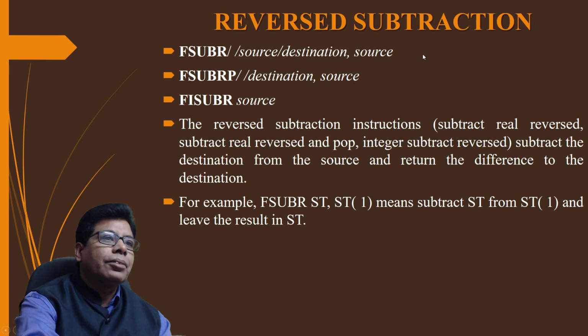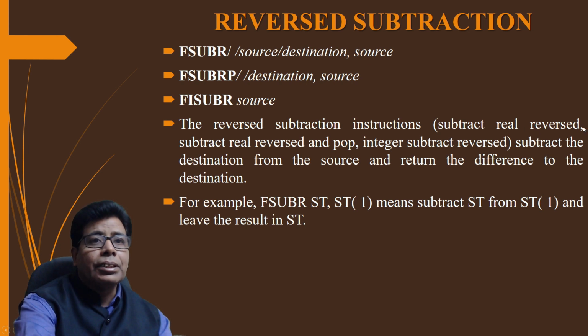Then reverse subtraction: here again we have three instructions, FSUBR, FSUBRP and FISUBR, the last for integer subtraction. Again the things will be similar to subtract real, but here it is reversed. Then subtract real reverse and pop is the second one, and the last is integer subtract reverse.